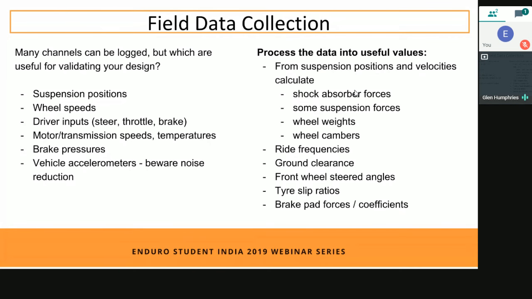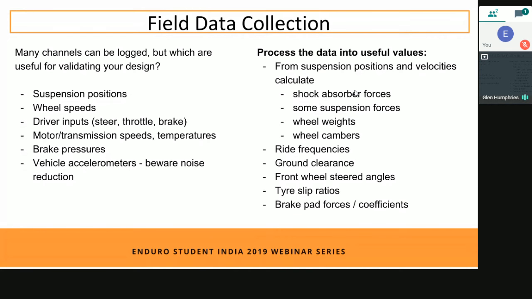Now, the expensive way of doing that is with linear potentiometers. The cheap way is with rotational potentiometers attached to suspension components. I did this myself for a project a few years back, and while on the face of it, it seems quite primitive, it works surprisingly well.